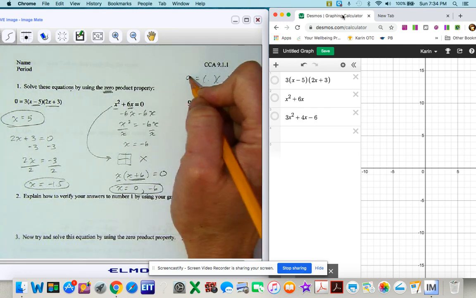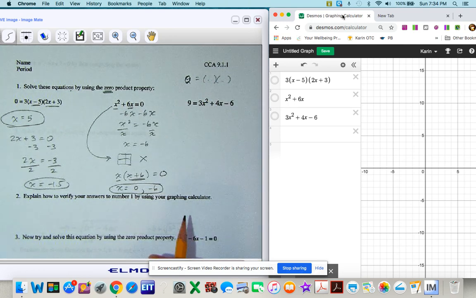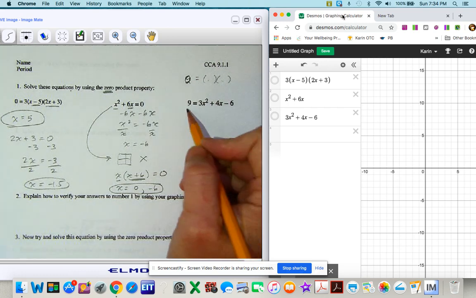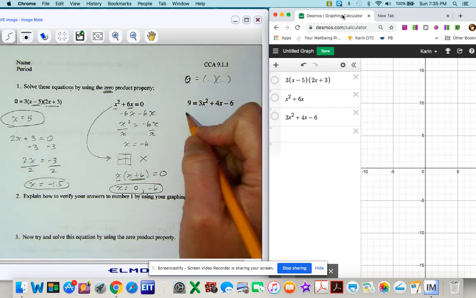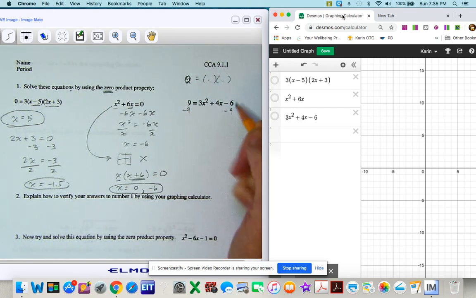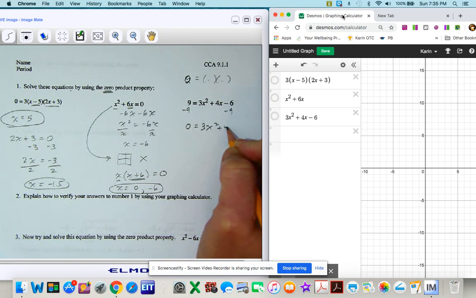But if I've got it equal to 0, now I know one of those 2 things has to be 0, okay? So one thing you've got to remember is that in order to use the zero product property, you have to have it in factored form equaling 0, and this equals 9. But no problem. I could get it equaling 0 pretty easily by subtracting 9 from both sides. I get 0 is equal to 3x squared plus 4x minus 15.